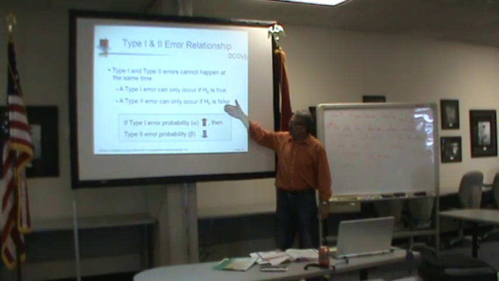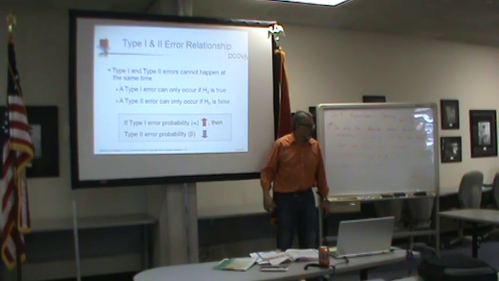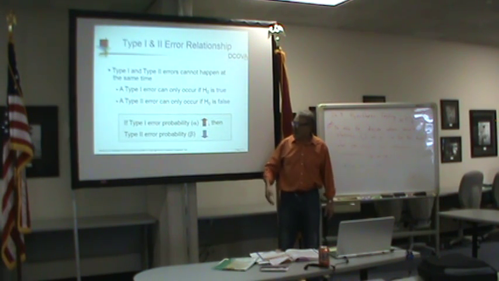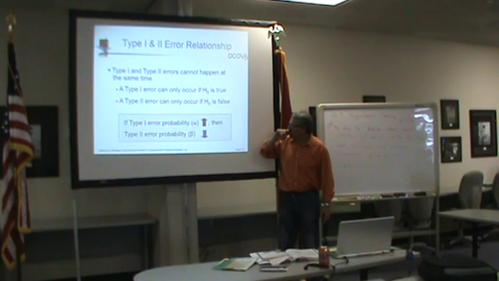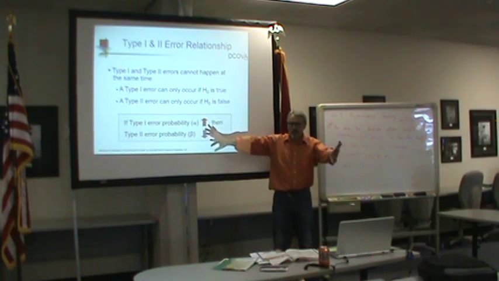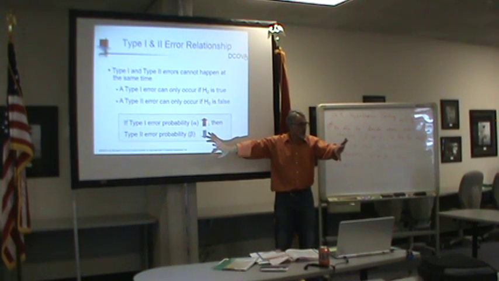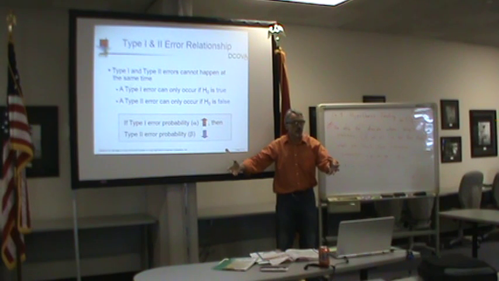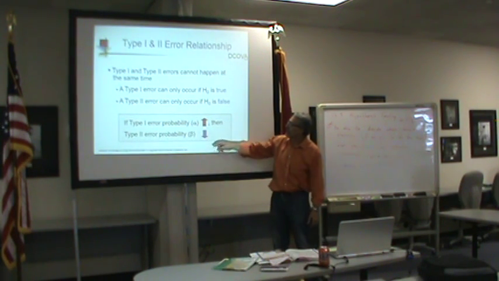And conversely with the type 2 error, you're not going to get a type 2 error if H0 is not false. That was only in that right column. And if you increase alpha, if you increase your rejection area over there, you have a greater chance of making the type 1 error.